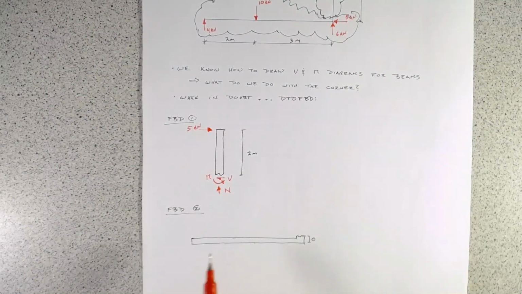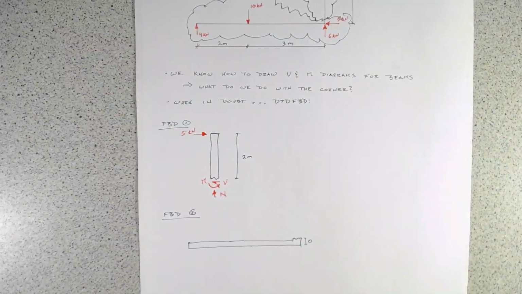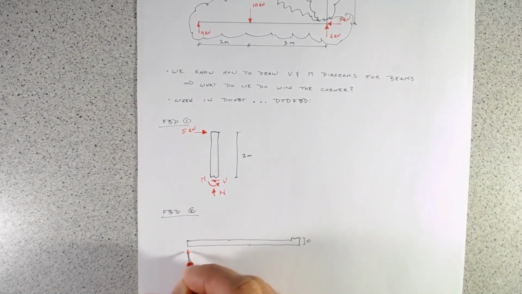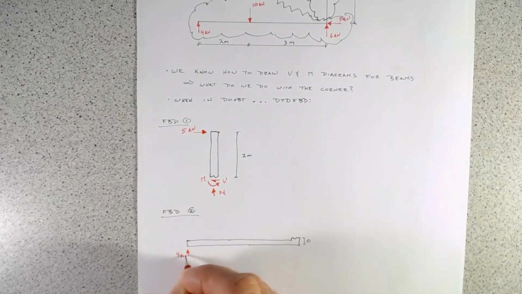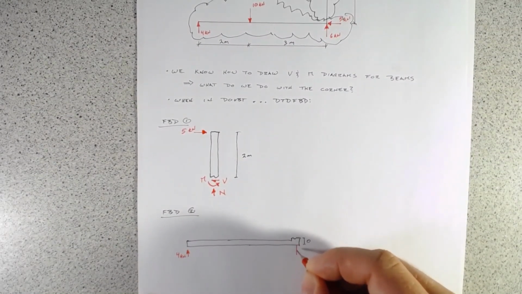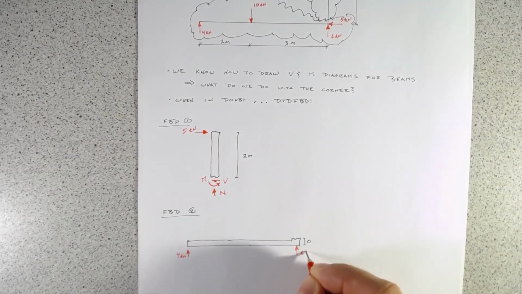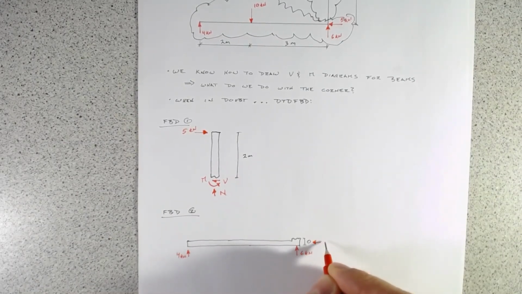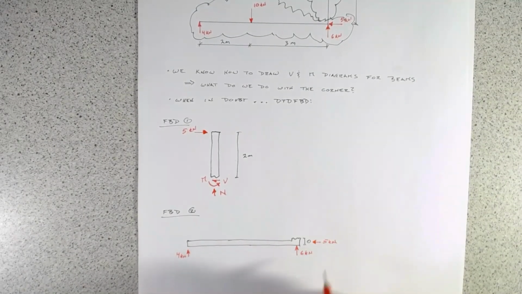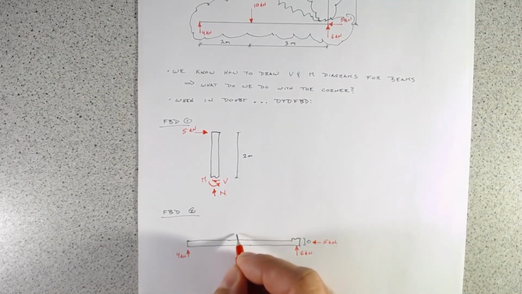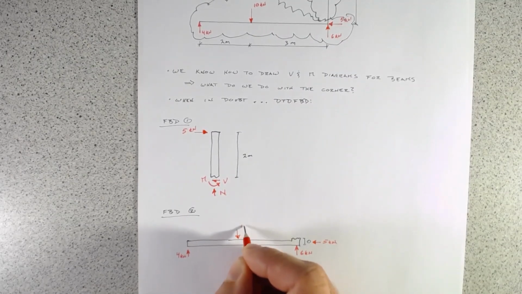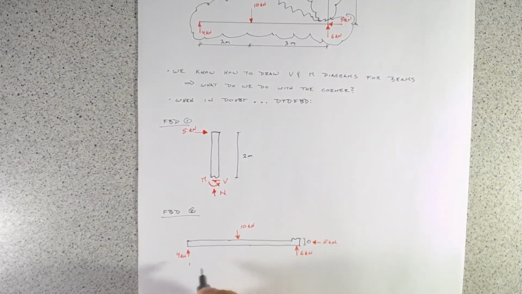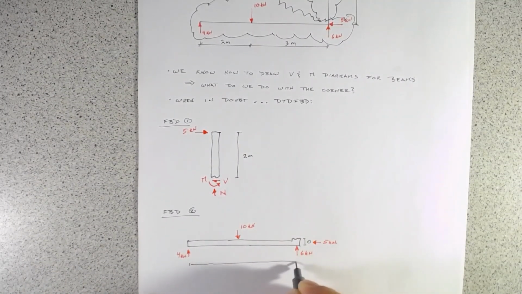So putting on the reactions and the external forces which are acting on this piece of the structure, we get a 4 kilonewton vertical reaction, a 6 kilonewton vertical reaction, a 5 kilonewton horizontal reaction, and there is an applied load of 10 kilonewtons, which is 2 meters away from the left reaction.